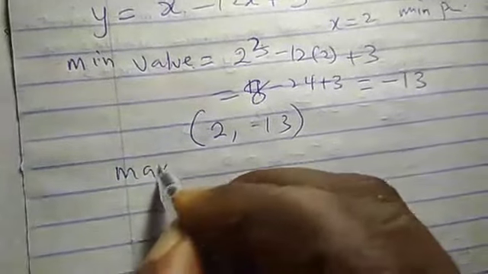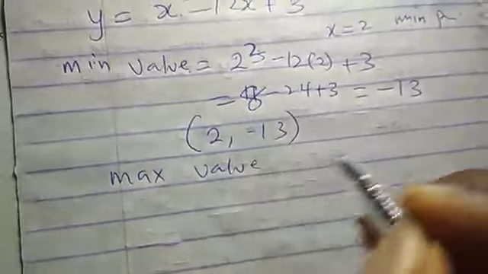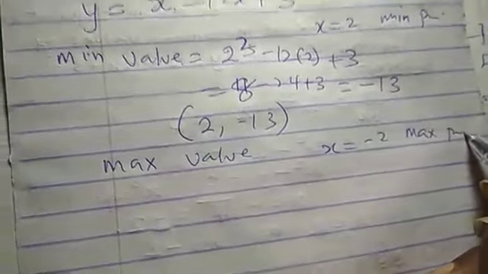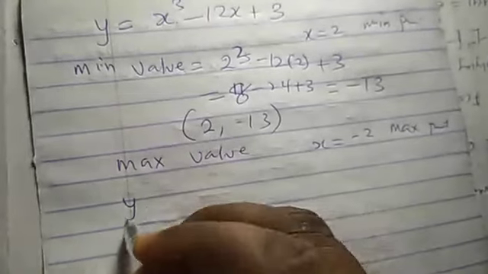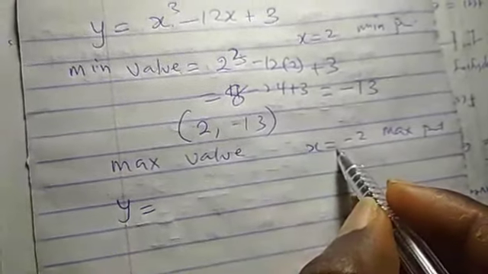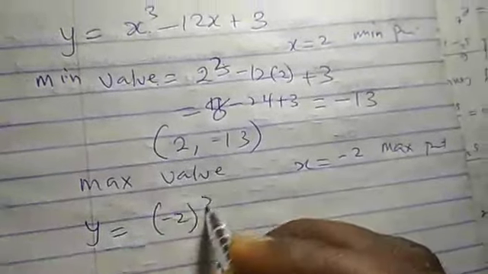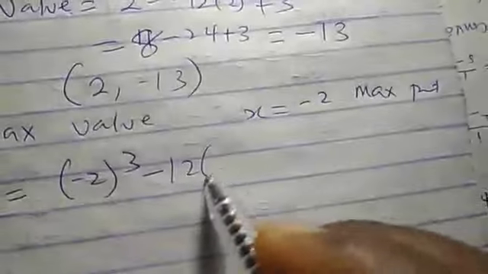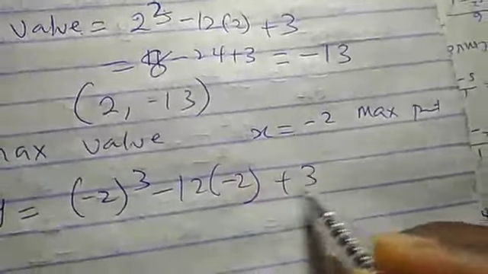So the next thing is the maximum value. We know that s equal to minus 2 is the maximum point. So I only need to substitute. Whenever I see s, I'll put minus 2, so that we have minus 2 cubed, minus 12 into minus 2, plus 3.